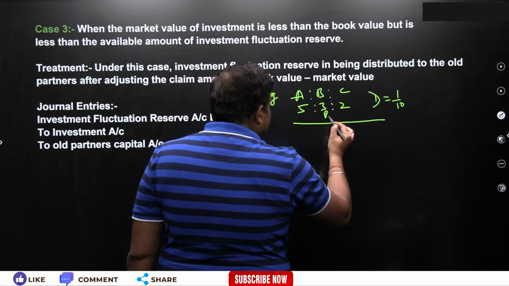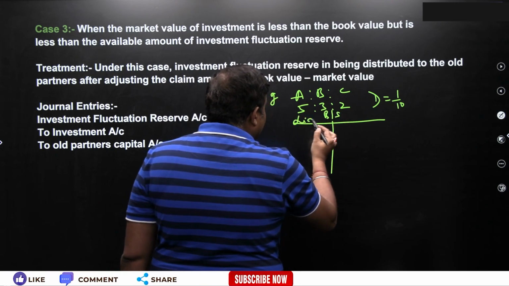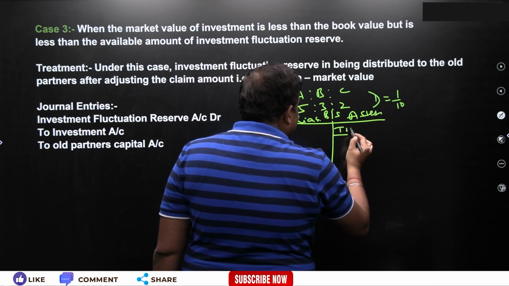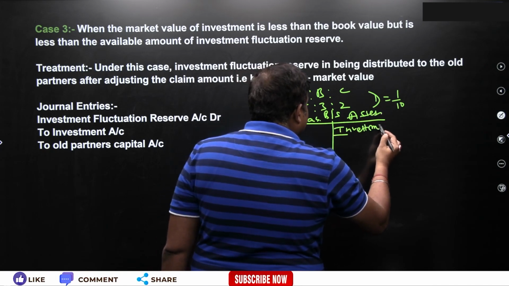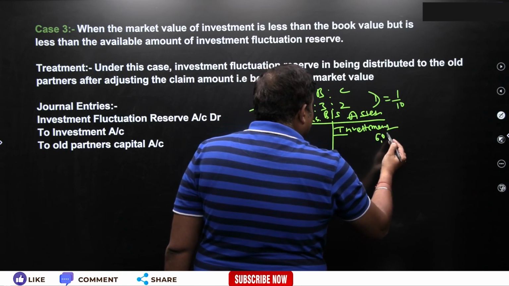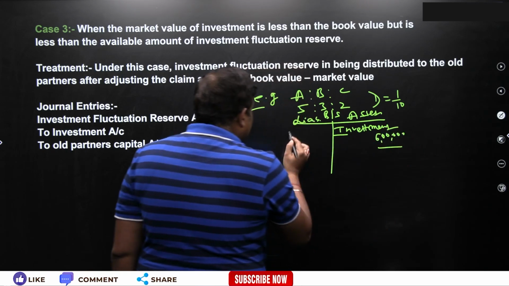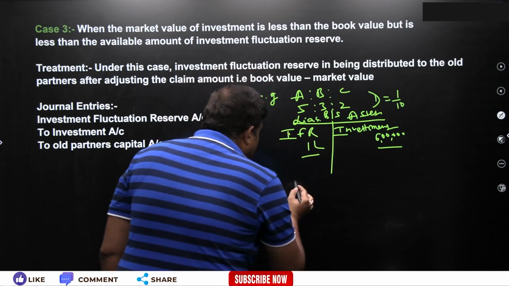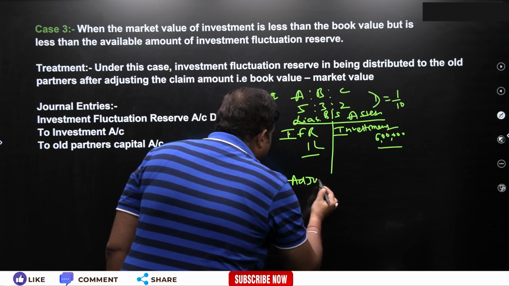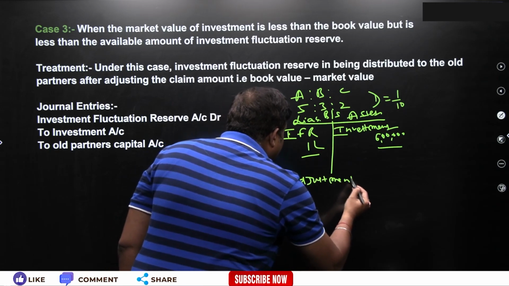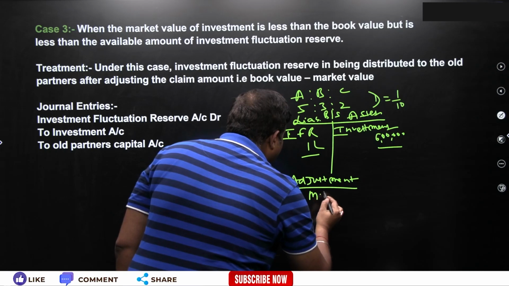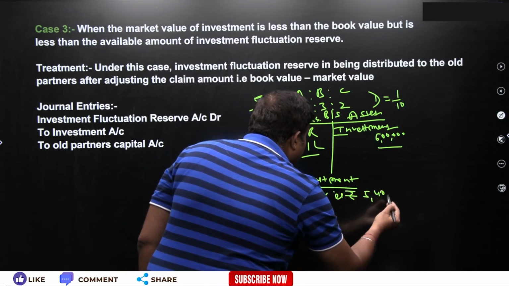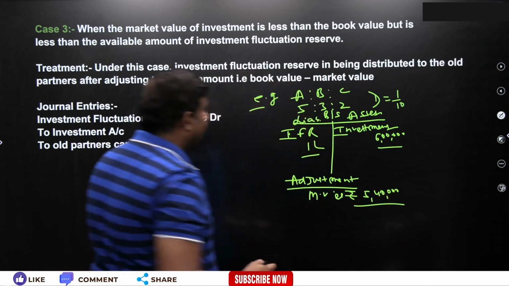They have given you the balance sheet. On the left hand side is the liabilities side, and the right hand side is your asset side, and here the investment is the same. Investment is given as rupees 6 lakh, and investment fluctuation reserve is say 1 lakh rupees, and in the adjustment it is given that the market value of investment is rupees 5 lakh 40,000.